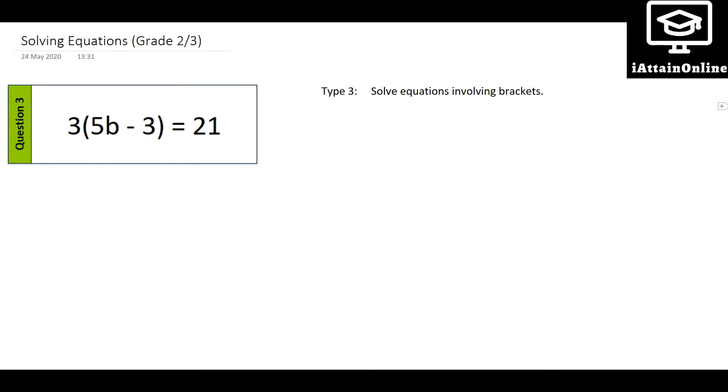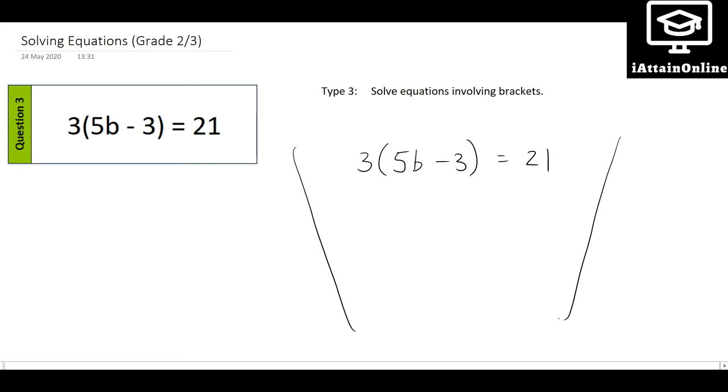So to start with, I'm just going to write out the equation again. 3 lots of 5b take away 3 equals 21. Now I'm going to do my funnel method. I'm going to start over here separately by expanding the brackets. So I'm just going to temporarily ignore the equals 21 bit on the end, and I'm just going to expand those brackets.